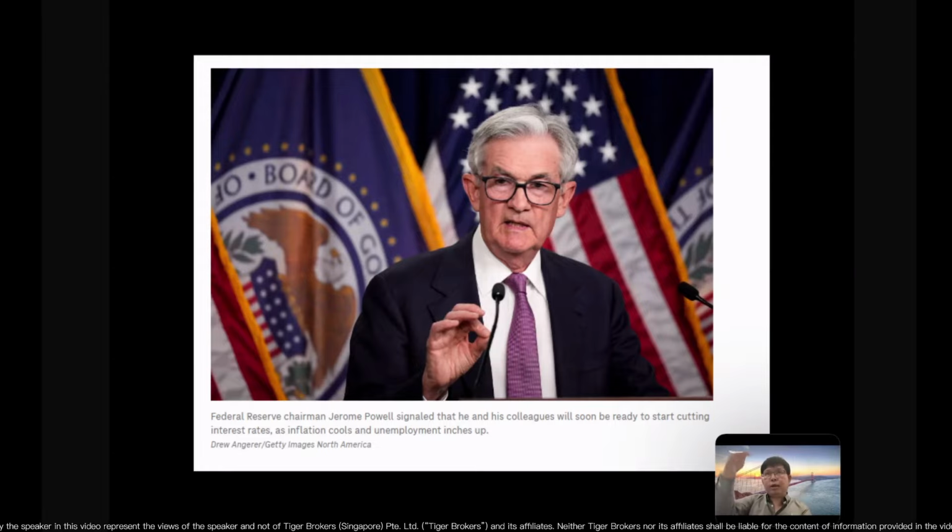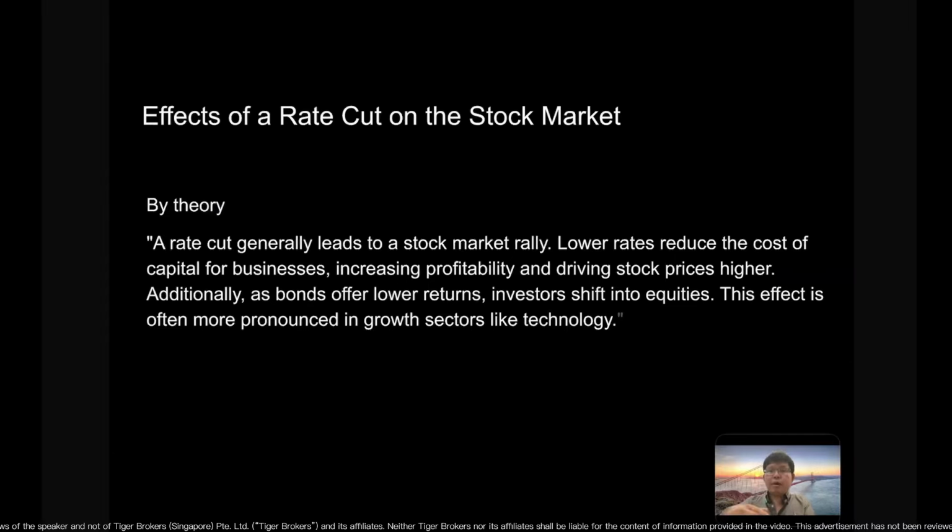So that's why yesterday all our indexes went up so much, about 2% for the S&P, 1% plus. So that's the effect of the rate cut. We already see the effect yesterday. Everything was green, right?